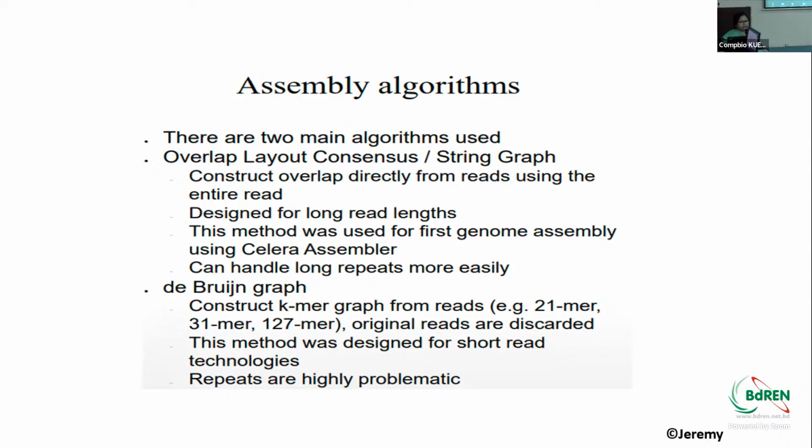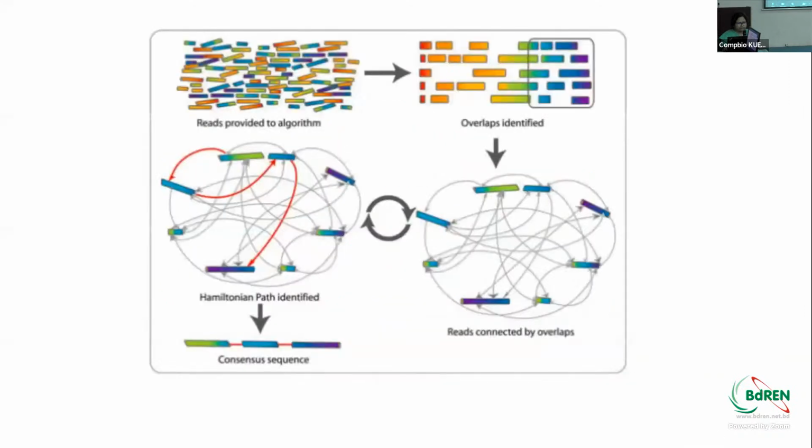Both have advantages and disadvantages, but they work with different mechanisms. What OLC does is that the overlaps are identified and matched, and the consensus sequence is identified from those matching paths.